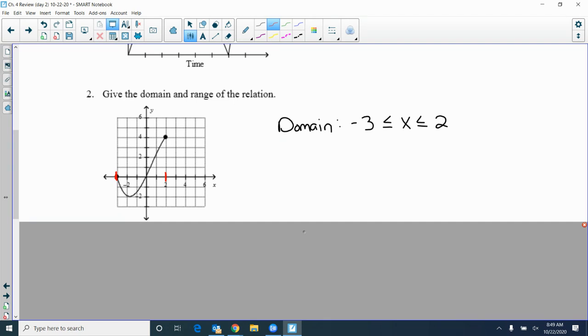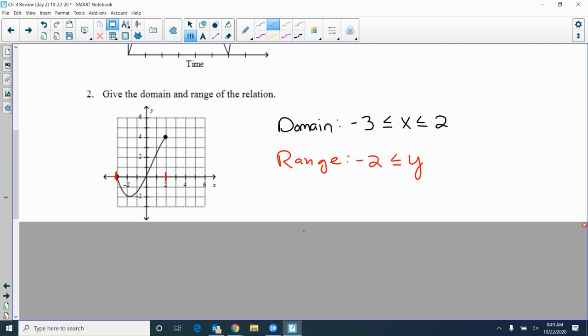All right, now Josh, how confident are you on the range? 10 out of 10. All right, so what do you think the range is? It's -2 and 4. So how do I write it? Exactly how you wrote the first one. The negative number first. Tell me the whole thing. -2 is less than or equal to y.